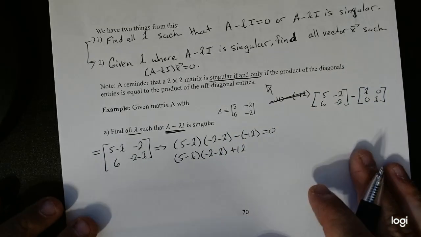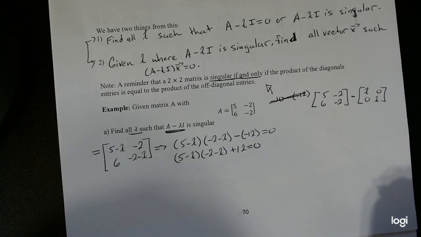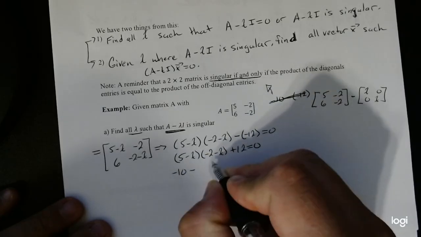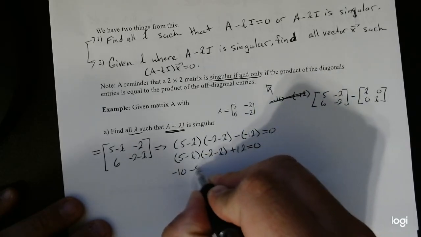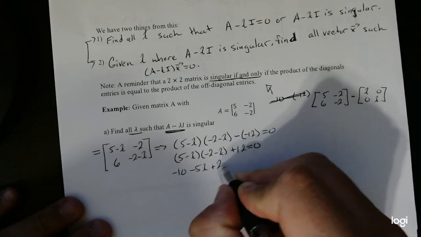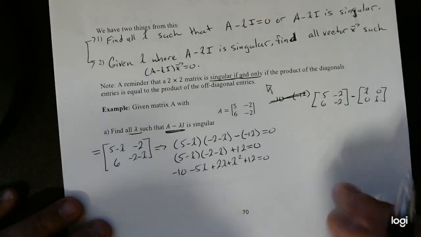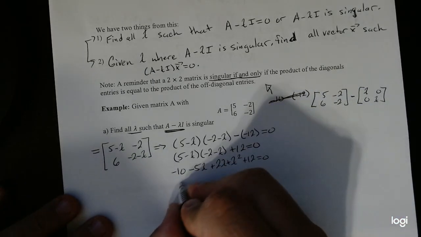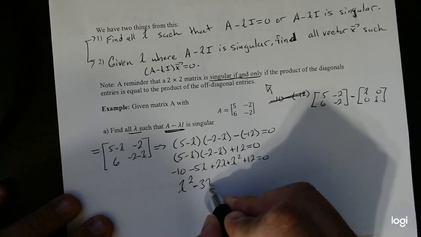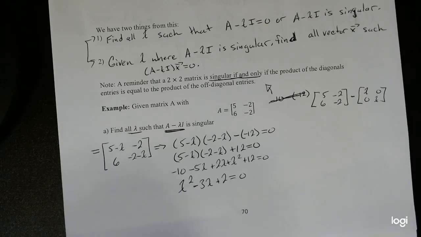Now I have to FOIL all this out and solve for lambda. If I refoil it quickly and reorganize it, I get that.